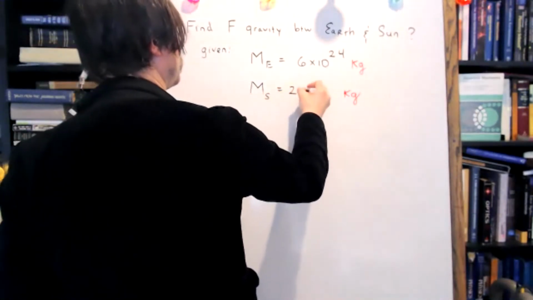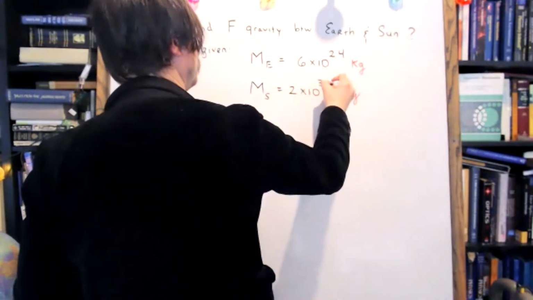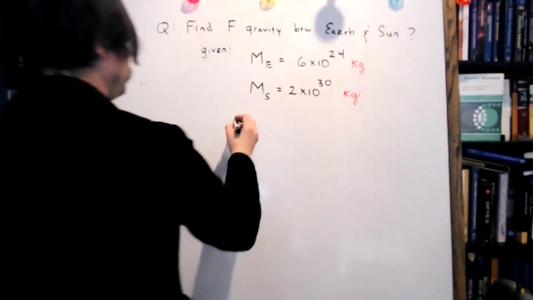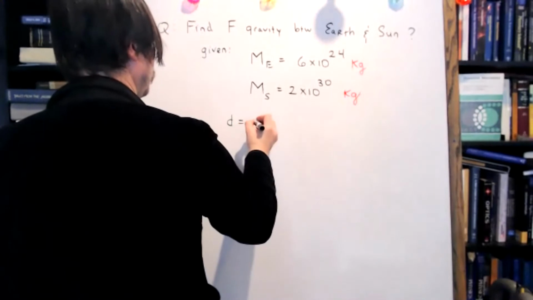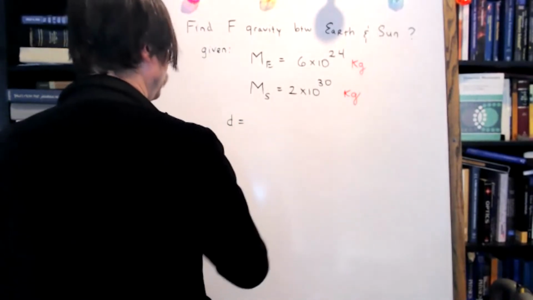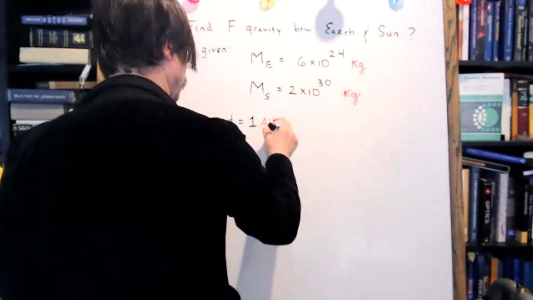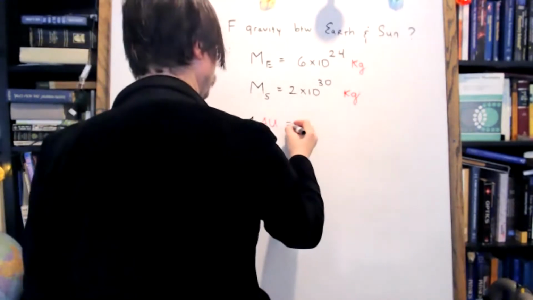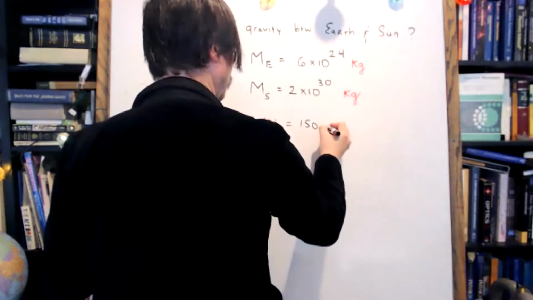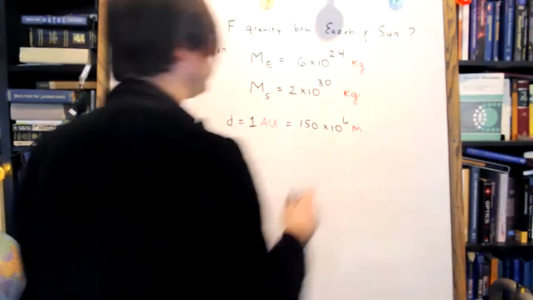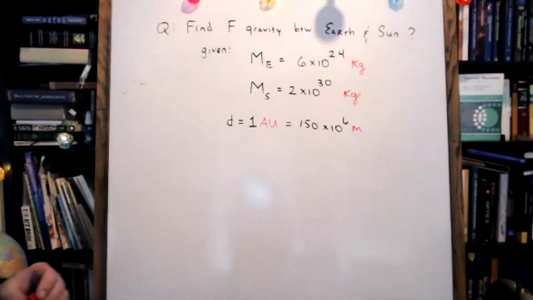The mass of the sun is 2 times 10 to the 30 kilograms. And you guys know the distance. The distance between them is 1 AU. 1 AU is 150 million meters.